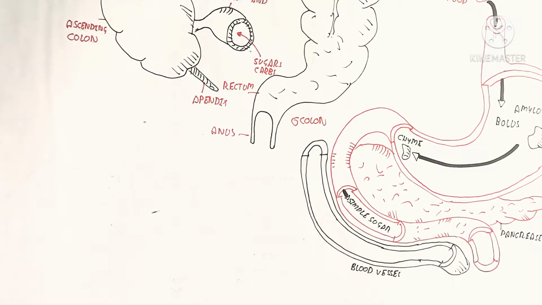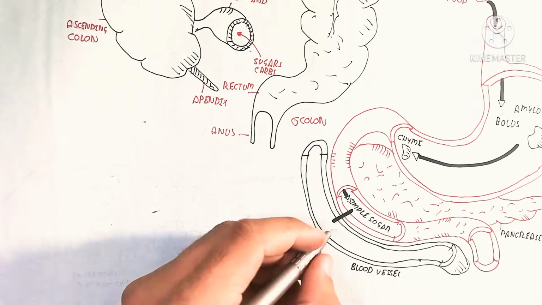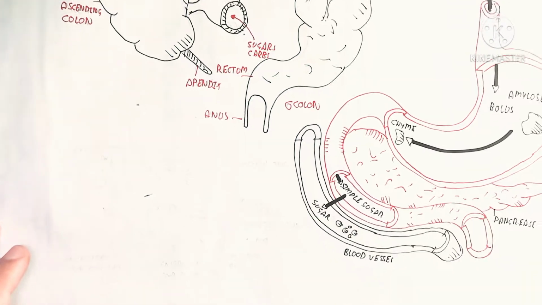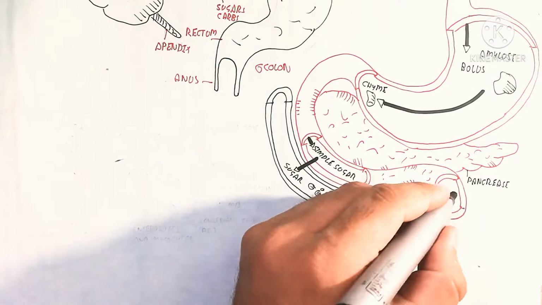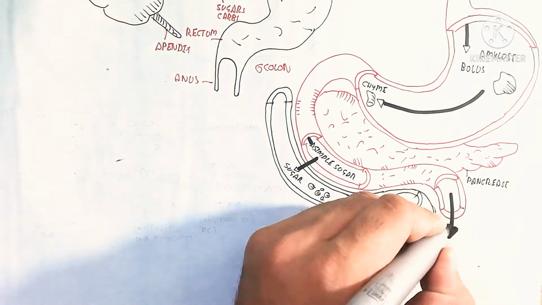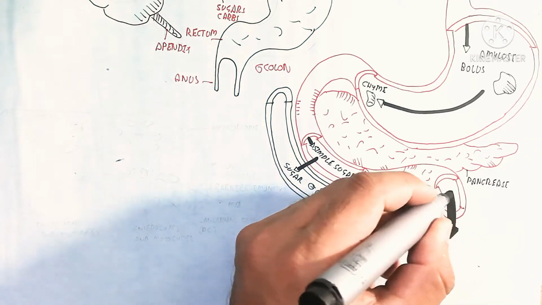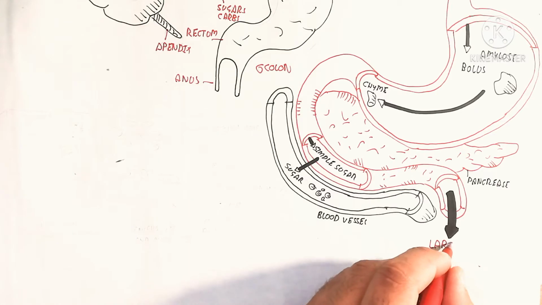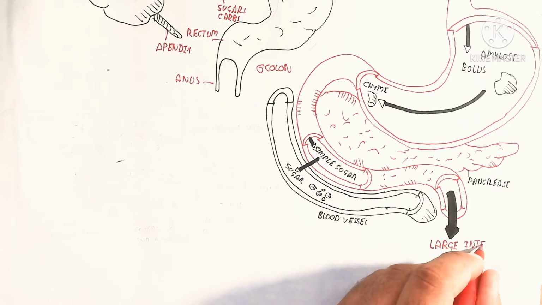This chyme is converted into simple sugar by the activity of pancreatic amylase enzyme, and sucrase and disaccharidase enzymes are present in the enterocytes. So here is the blood, after the conversion, where the simple sugar goes into the blood.